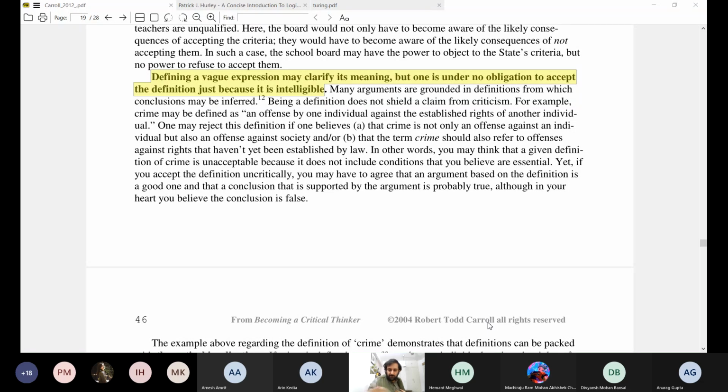So we already saw an example of that, right? Both of these definitions of education are intelligible, but in some contexts, just because it's intelligible, it still may be the wrong definition to use. In this passage, Carroll is now going beyond that.